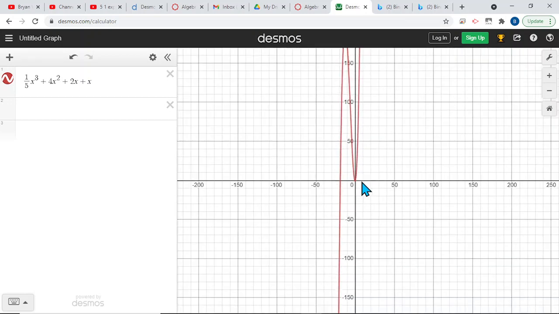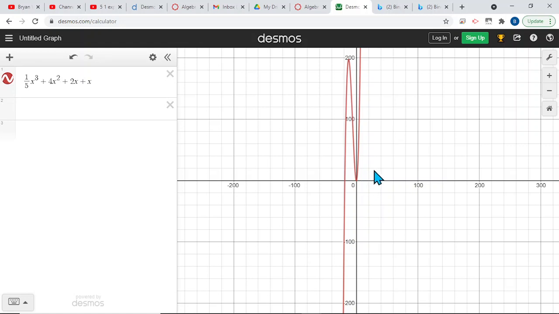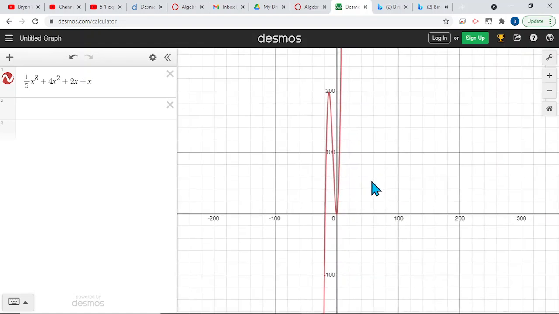If we look at a big enough picture, we can see where it goes down again. It's all the way up to 200, and then it comes down. So the end behavior, as you start at the origin and go to the left, if you go far enough, it goes down. And if you go to the right, it goes up. Okay, that's the end behavior of that polynomial.